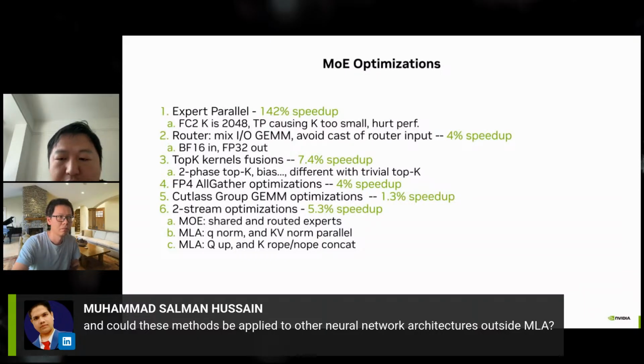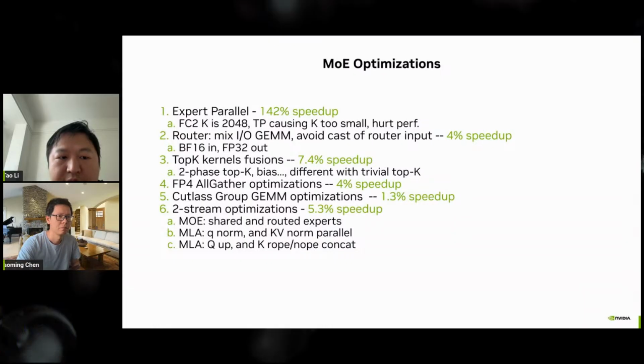The first one is expert parallel. In the simplest tuned case, if you just turn expert parallel on and off, expert parallel can give about a 142% speedup.